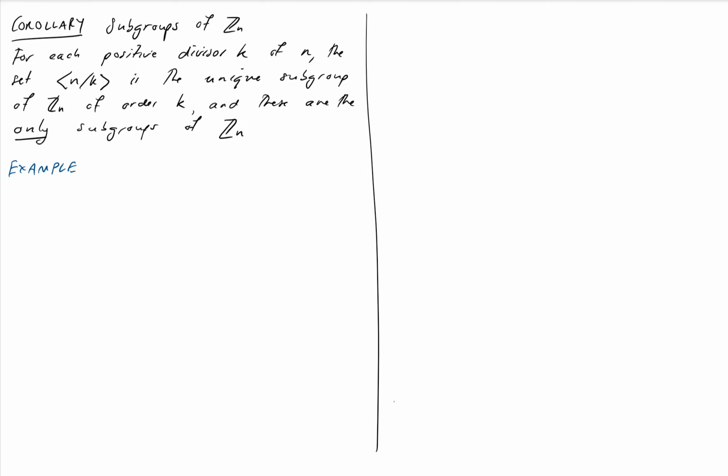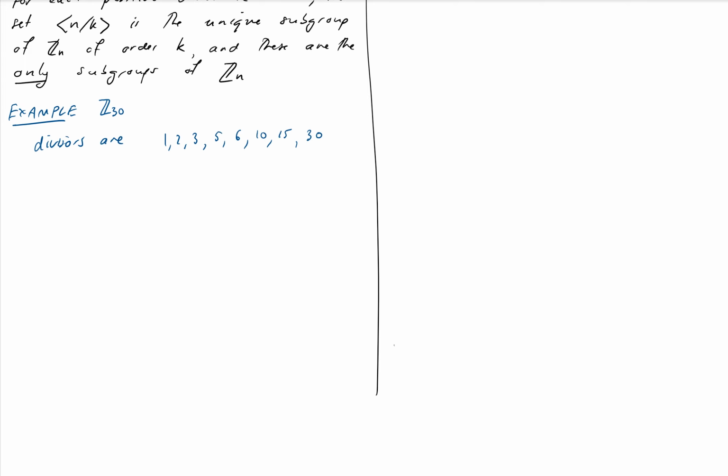Let's find all of the subgroups of Z30. Okay, so divisors are 1, 2, 3, 5, 6, 10, 15, and 30. So these make subgroups.